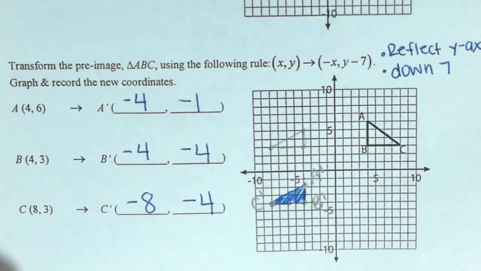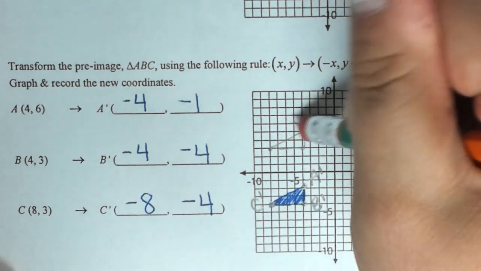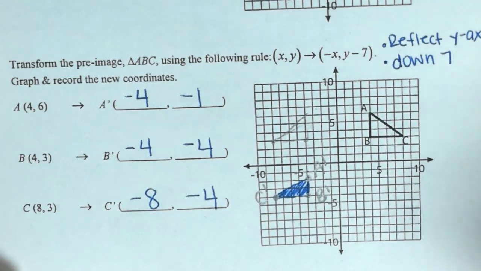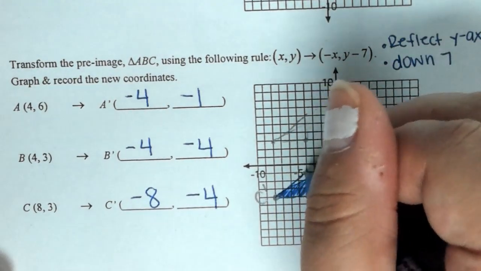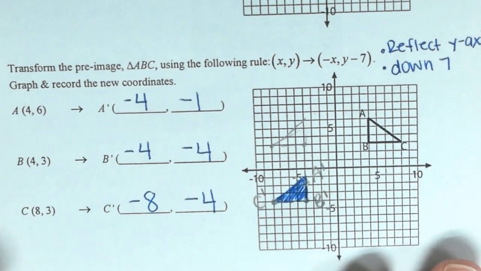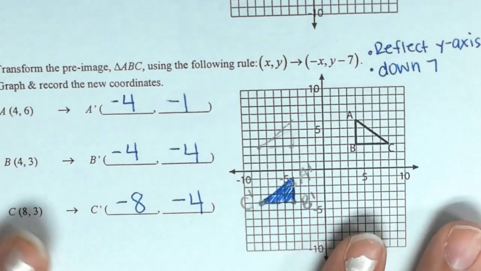Oh, A is wrong right here. Okay, so I just need to move it up. I was like, that's not the same picture. Okay, there we go. All right, any questions?